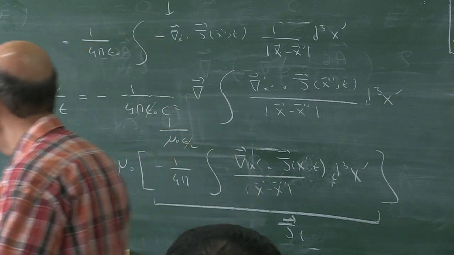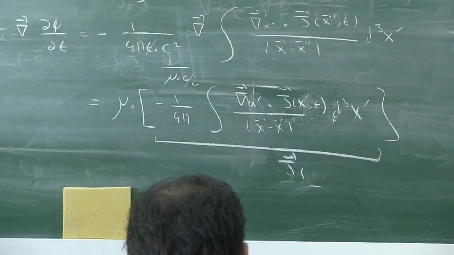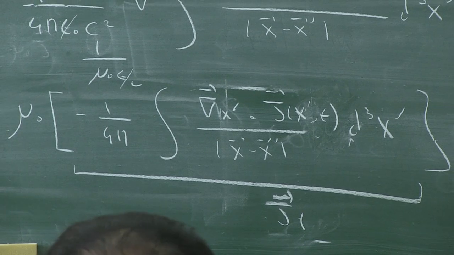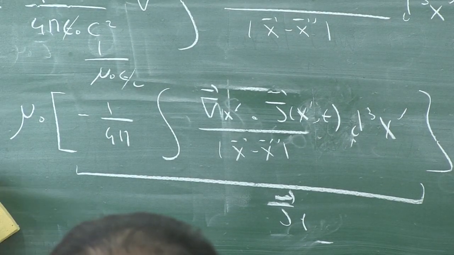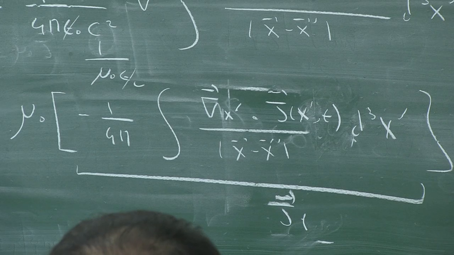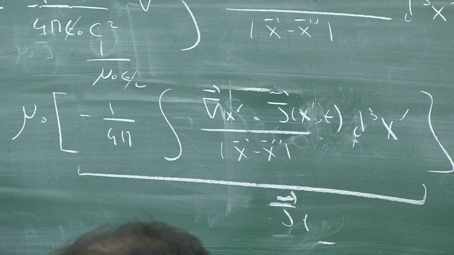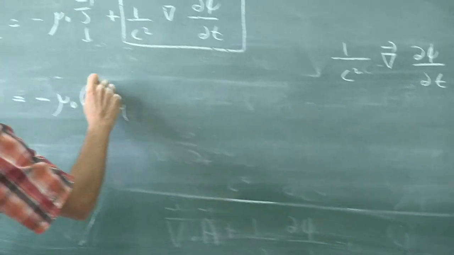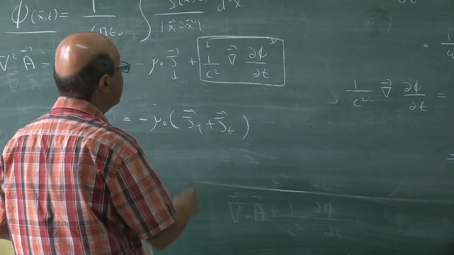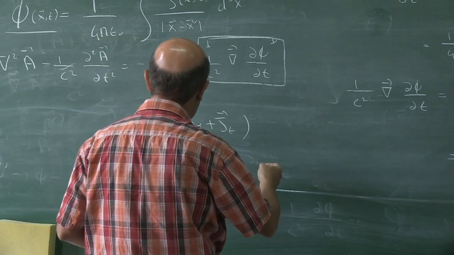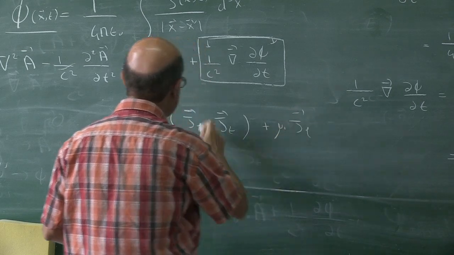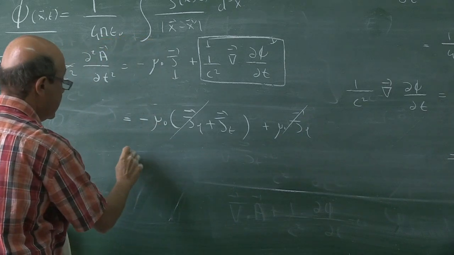So maybe after the break I can show. So if this is JL, your result will be what? The important part is the result. If you call the right hand side mu 0 JL plus J transverse, and if this term, I am telling you, will be JL, this term will be cancelled and the right hand side will be what?